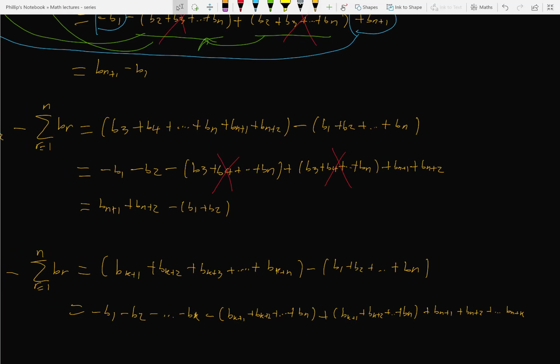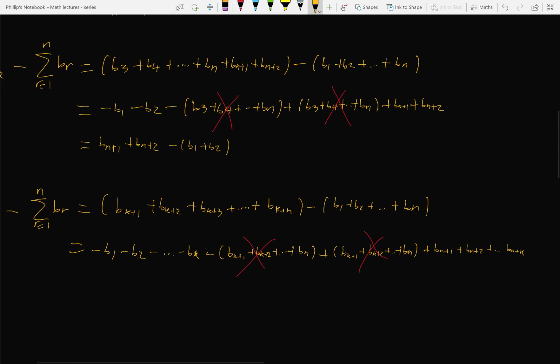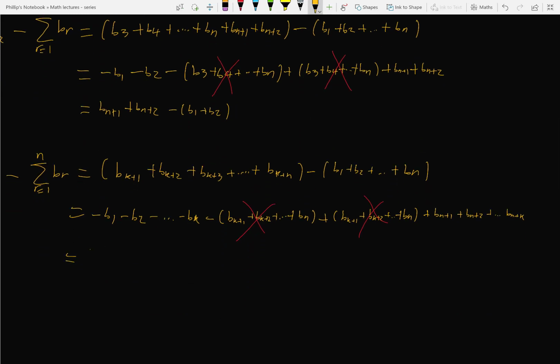Okay, so that's what we're going to have again, and this will cancel with that, that will cancel with that, and we'll be left with the same thing. We'll have b(n+1) plus b(n+2) plus all the way to b(n+k), and then we'll minus b1 plus b2 all the way to bk.